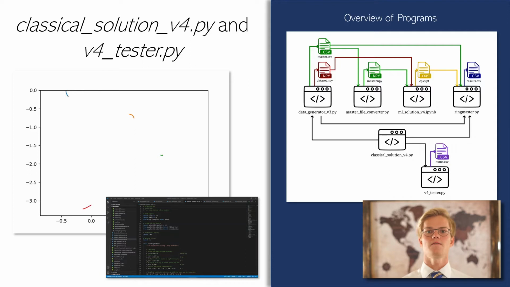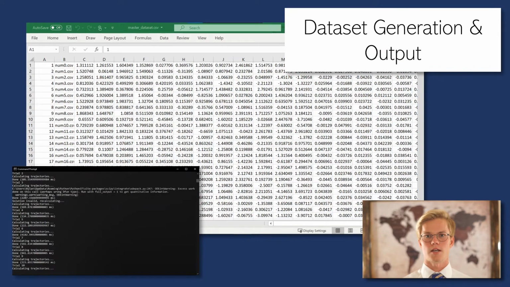I developed the first of these programs to create visual representations such as this one, as well as to debug the base program. However, training machine learning models requires copious amounts of data. In the case of this project, a data set of 10,000 solved four-body problems was desired.